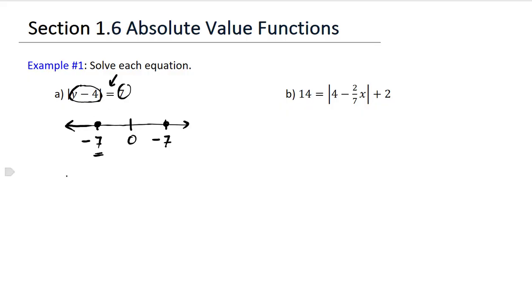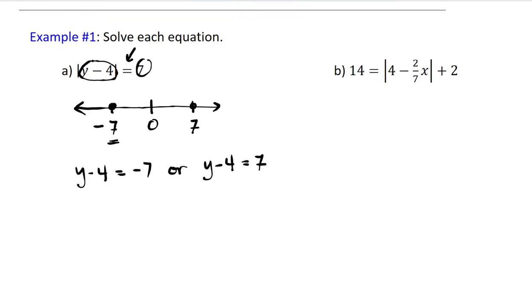And so we would take the expression inside the absolute value, set it equal to those numerical values on the number line, which gives us these two statements. This should have been a +7 there. So solving for the first equation, we're going to add 4 to both sides, making a y value of -3.